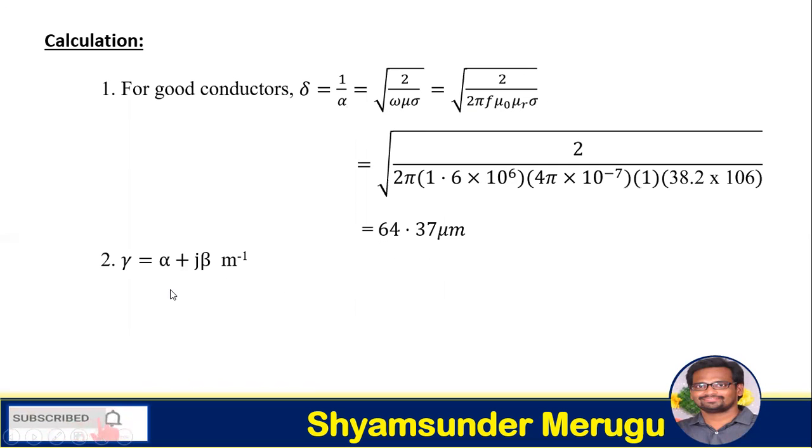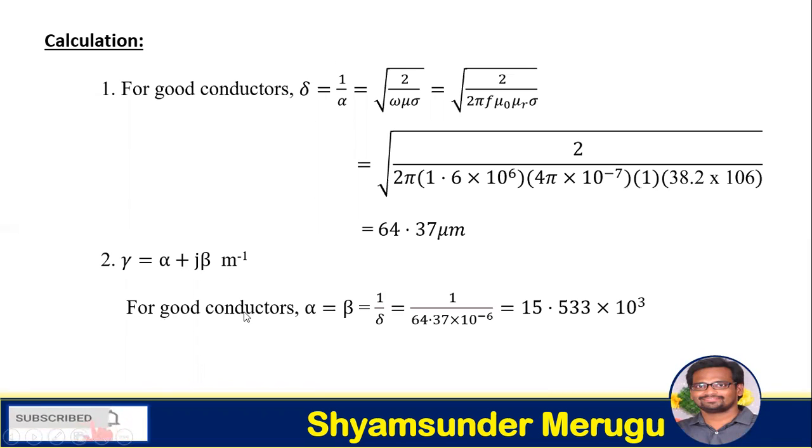Now coming to the second part, the propagation constant, which is equal to alpha plus j beta per meter. We know that for good conductors, the attenuation constant and the phase shift constant are both equal, and there is a relationship between the attenuation constant and the skin depth, as they are inverse to each other, so that if we have the value for delta, we can easily calculate the value for alpha and beta.